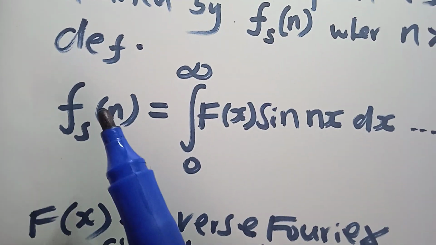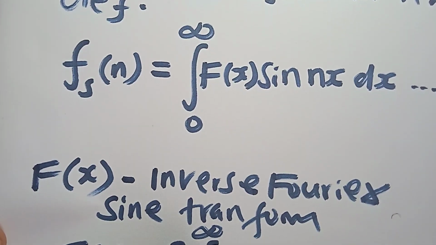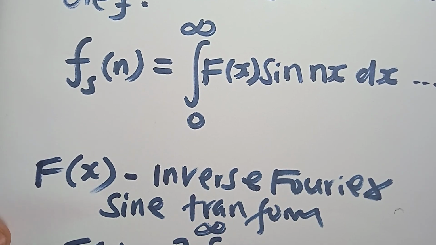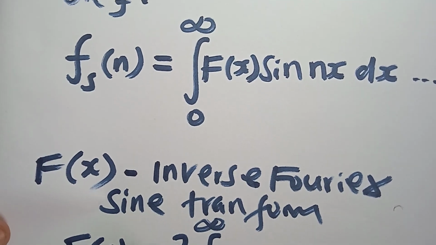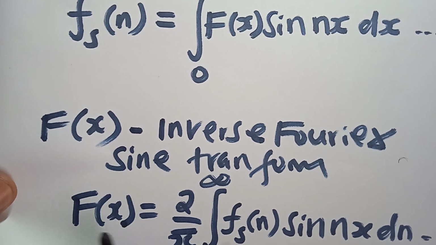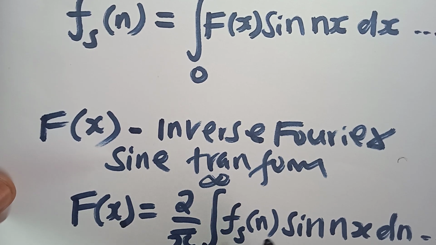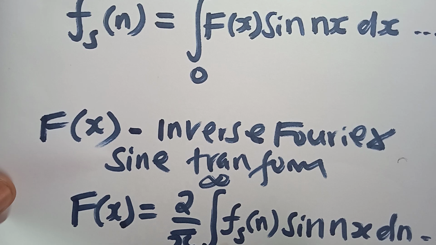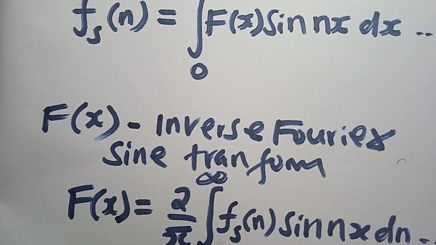Now, if given already the transform and you want to get the original function, then we do the inverse Fourier transform, defined by this definition. So to get f of x, the inverse Fourier sine transform would be 2 over pi, integral from 0 to plus infinity of fs of n sine nx dn. Those are the formal definitions which we are going to use in working out an example.